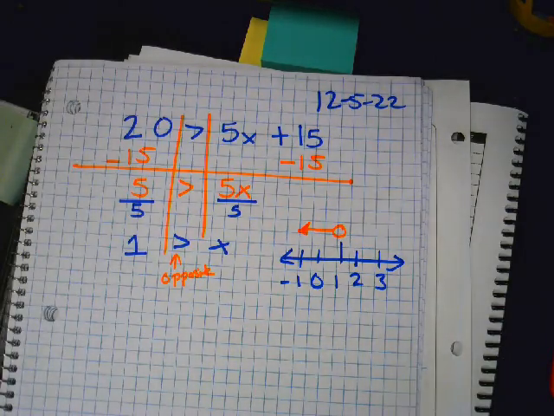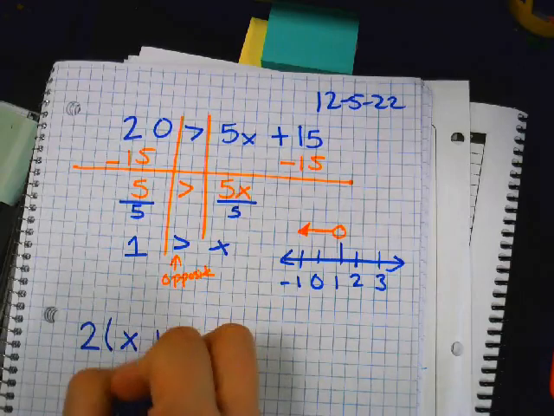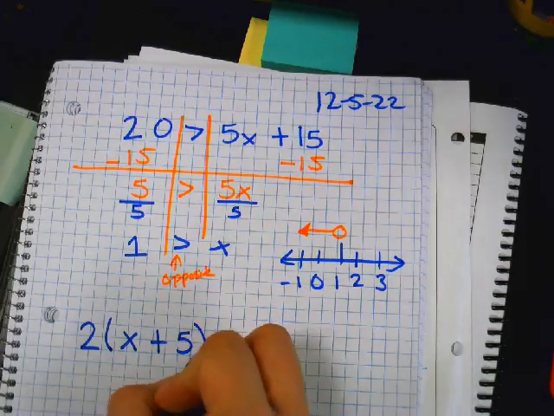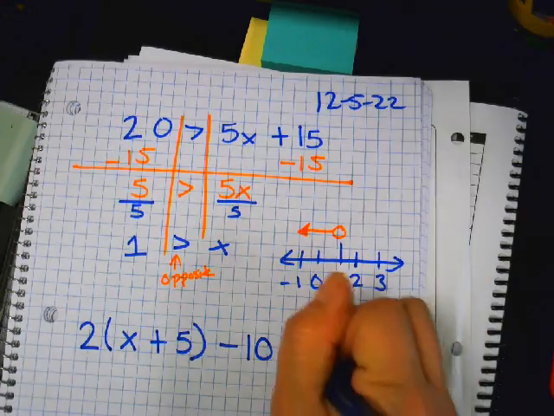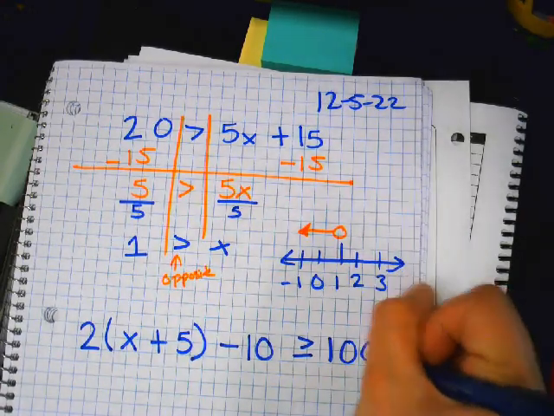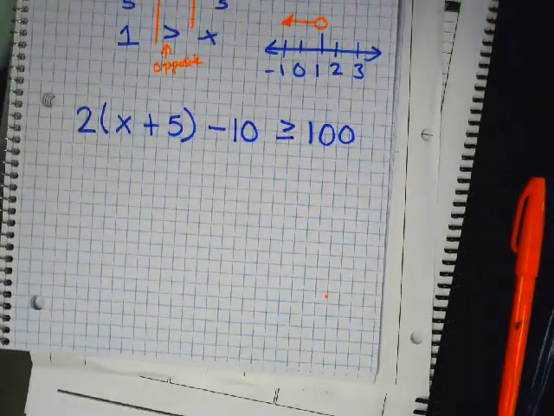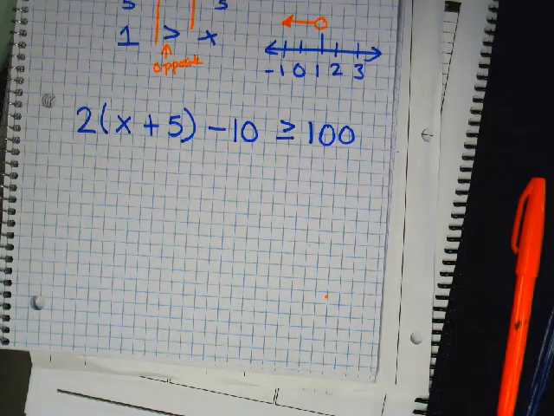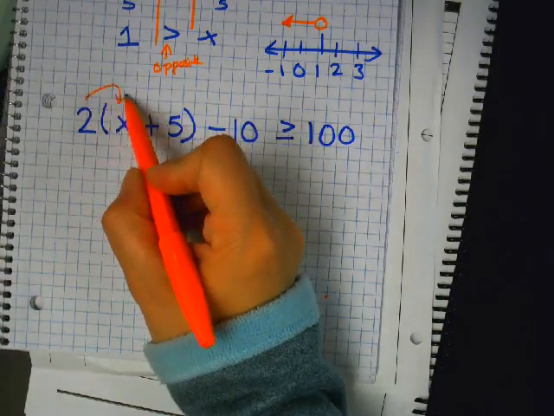Alright, are we okay? What if it's 2 parentheses x plus 5 minus 10 is greater than or equal to 100? What do you do first? Distribute.